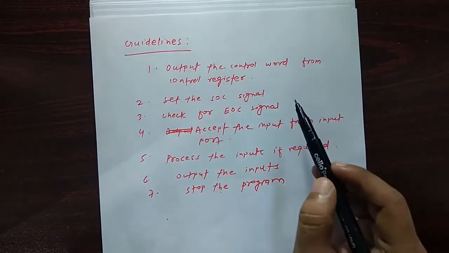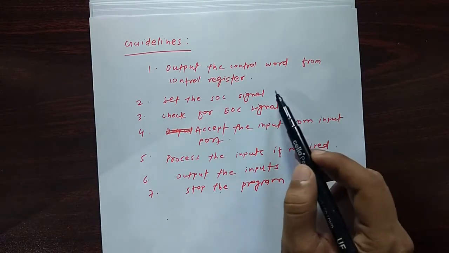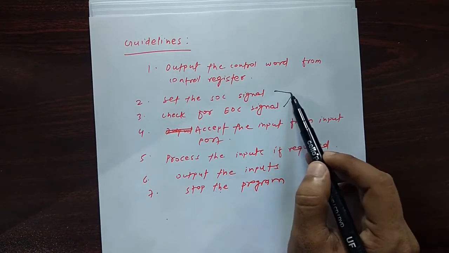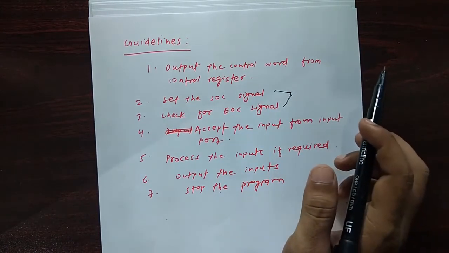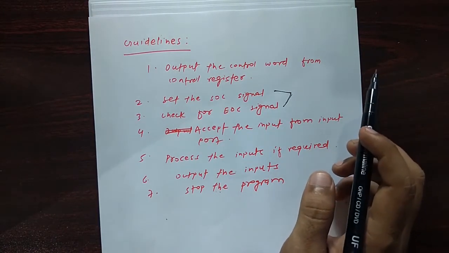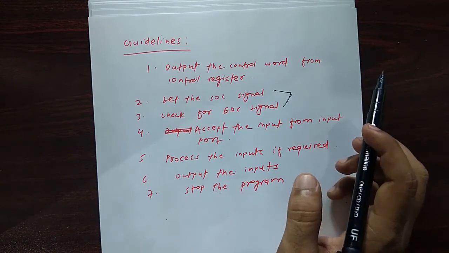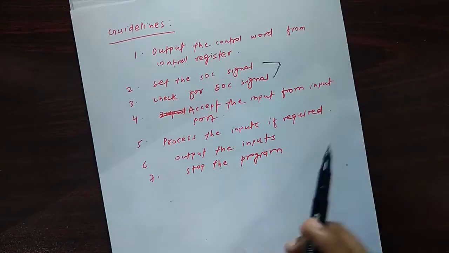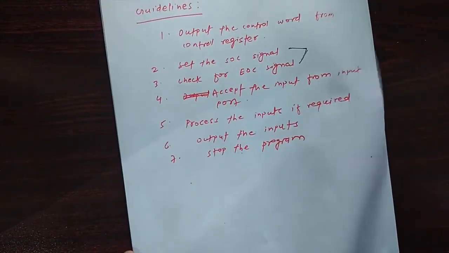And you may not need to follow these guidelines sometimes, because sometimes it will be required for enabling interrupt, and we'll see about that in next videos probably, so don't worry about that. Alright, let's get back to writing the program.